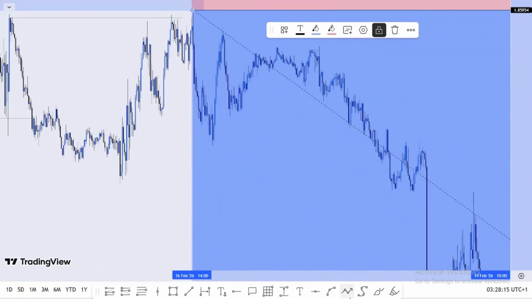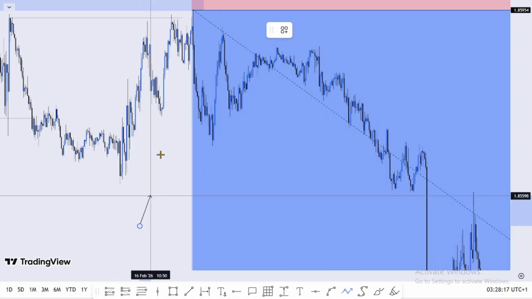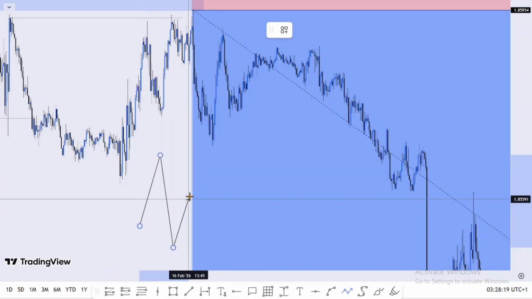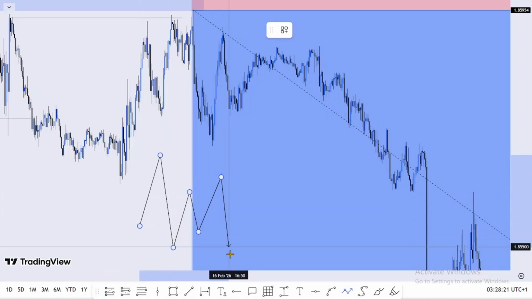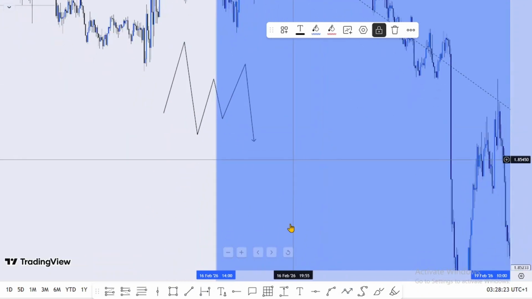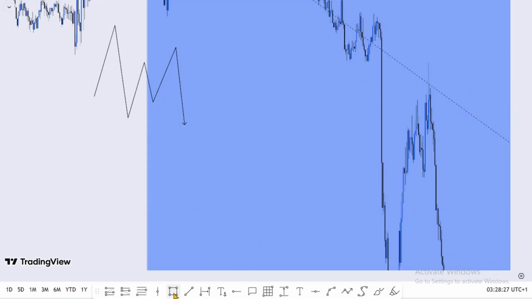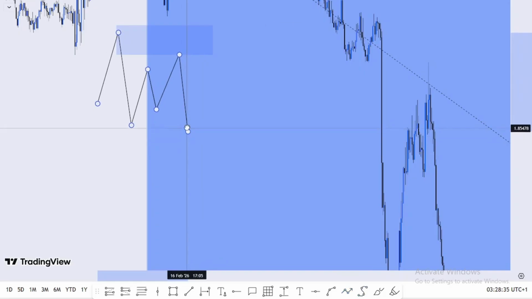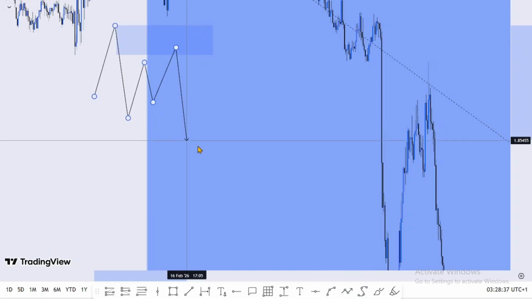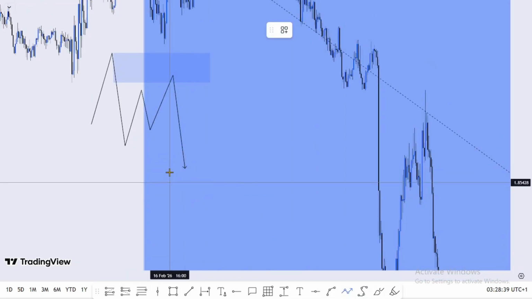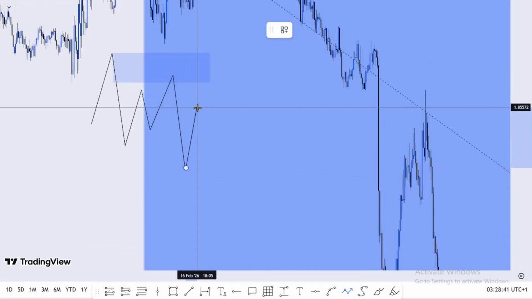So basically, what we're looking for is something like this. Then we take our entry at this point. We take another entry at this point. Then we expect price to do something like this. Let's say it breaks. Maybe let's say it forms something like this.